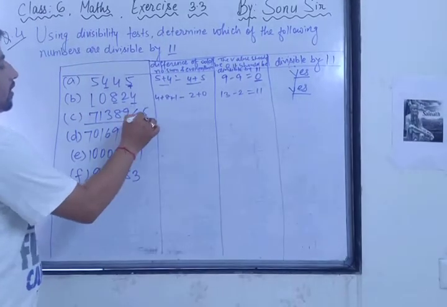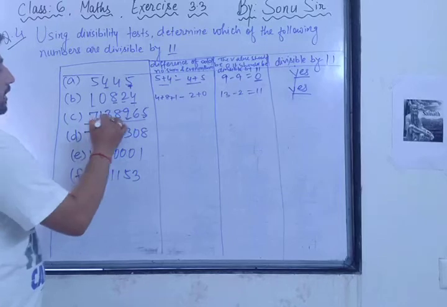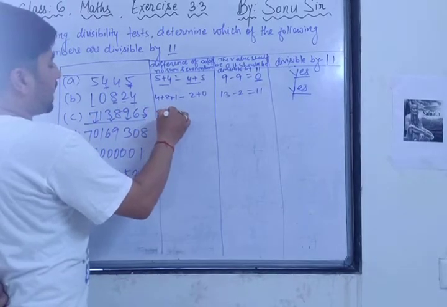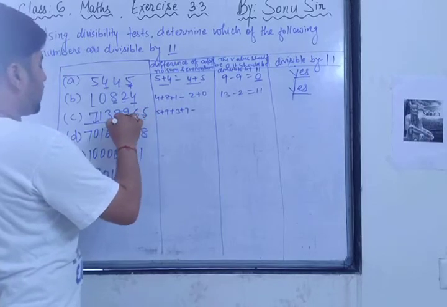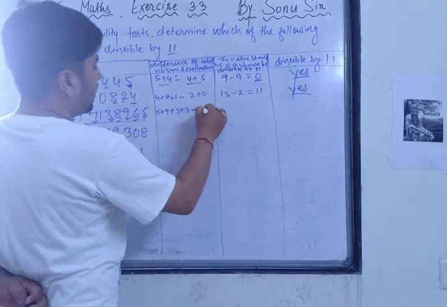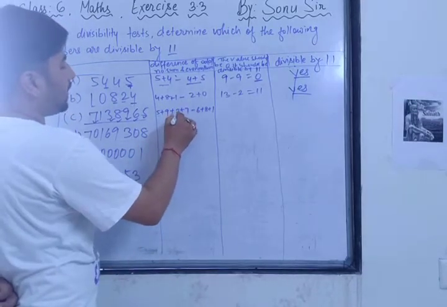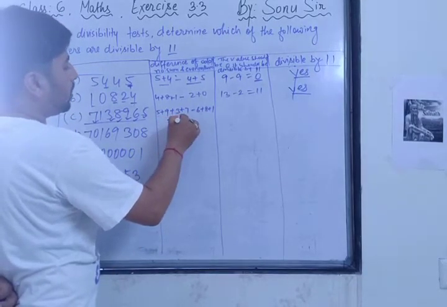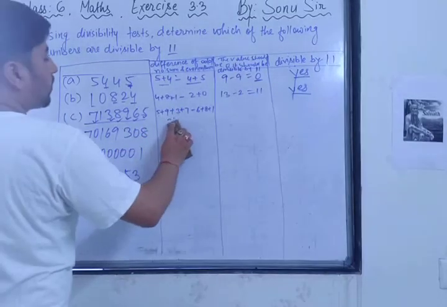Check the third one. 5 plus 9 plus 3 plus 7 minus 6 plus 8 plus 1. Sorry, that's it, not this side. We have to just write this.